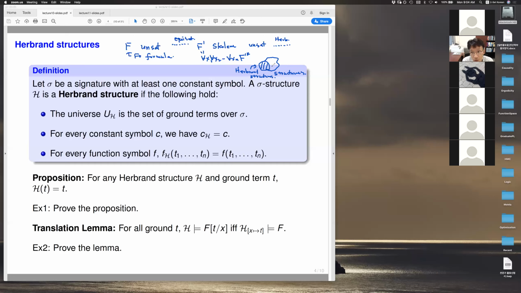This theorem gives some form of optimization. Instead of checking that F prime is not true for every structure, it's sufficient to just check that F prime is not satisfiable by a Herbrand structure.